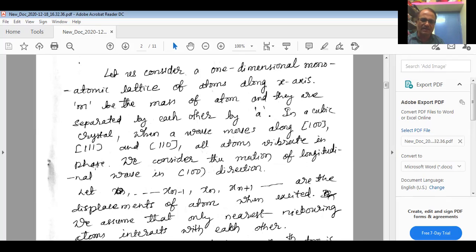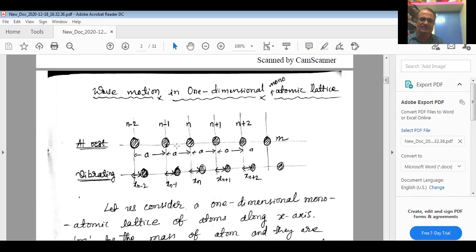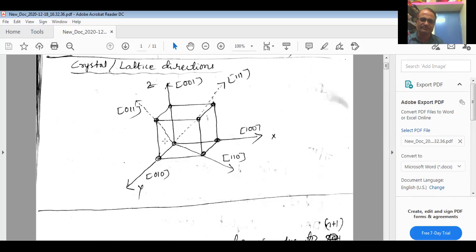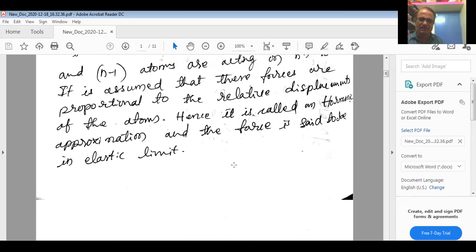That is why I explained what these 100, 111, and 110 directions are. So in this diagram, these are the directions.